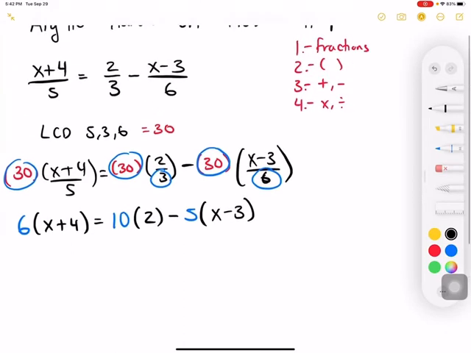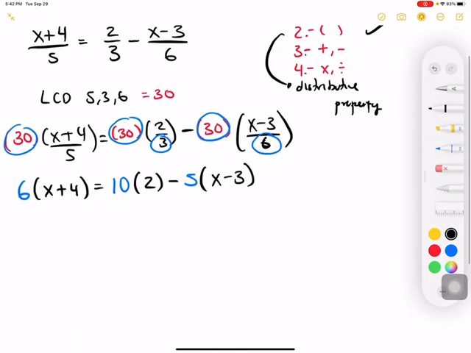The next step is to get rid of parentheses, and for parentheses we're going to use the distributive property. How does it work? You multiply whatever is in front of the parentheses times every single term inside the parentheses in order to get rid of the parentheses.